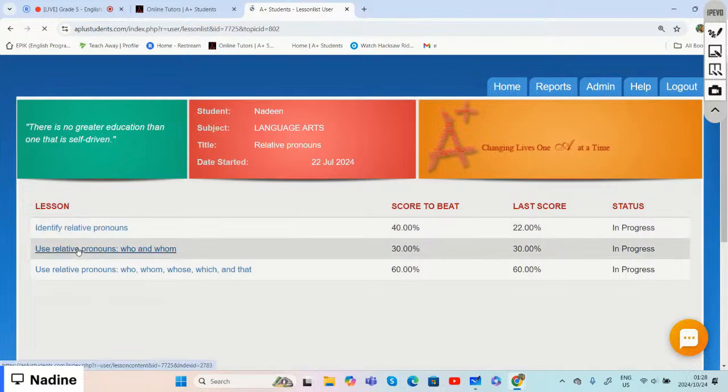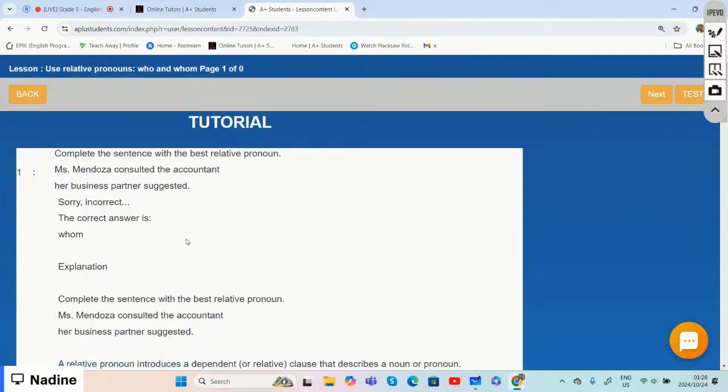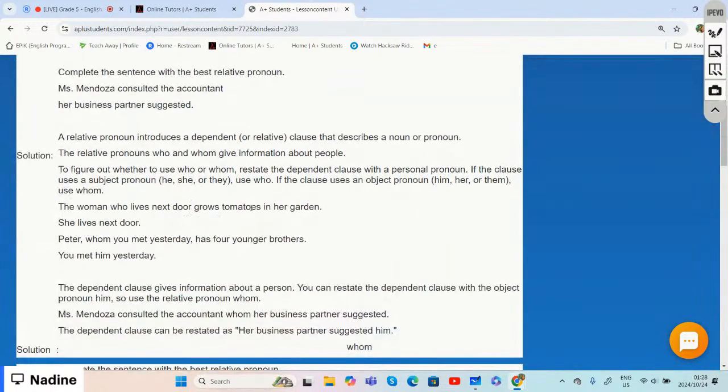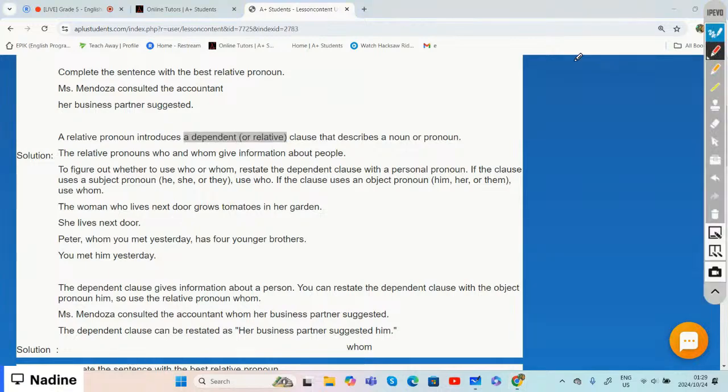All right, so now we're going to use relative pronouns who and whom. And once again, we say that a relative pronoun introduces a dependent or a relative clause that describes a noun or describes a pronoun. The relative pronouns who and whom give information about people.